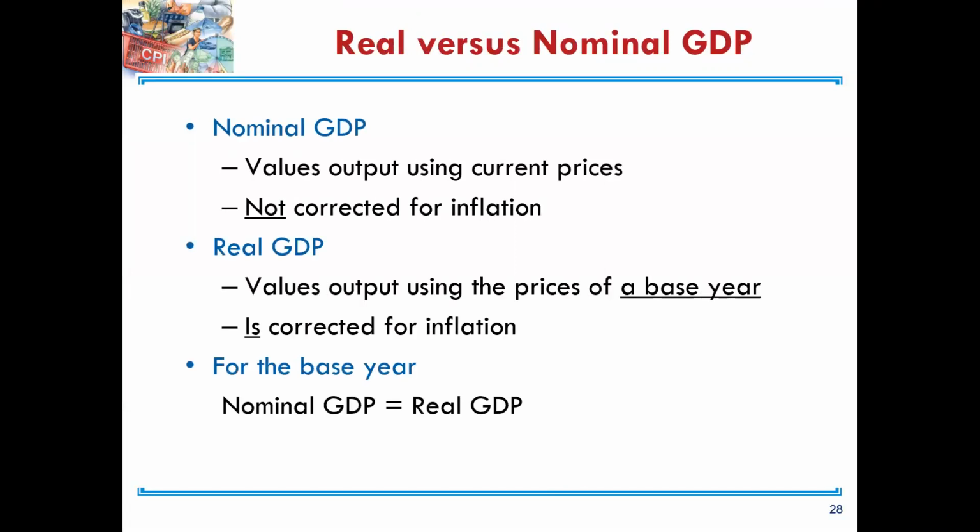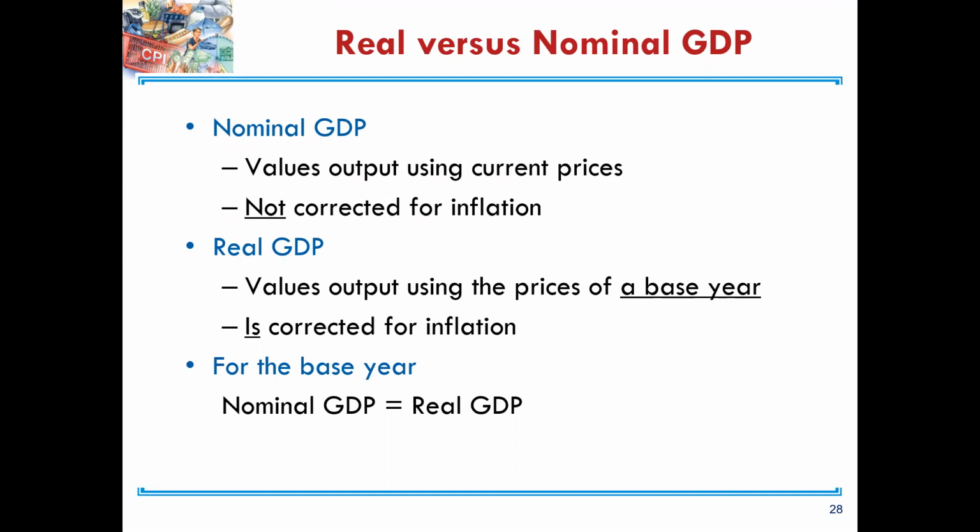So GDP can be measured in two ways. We can measure what is called nominal GDP, and we can measure what is called real GDP. Nominal GDP values output using current prices.